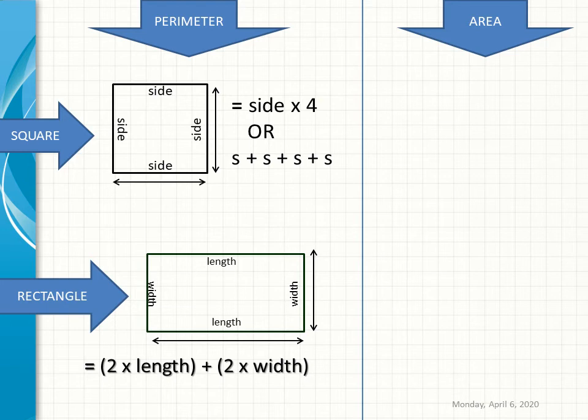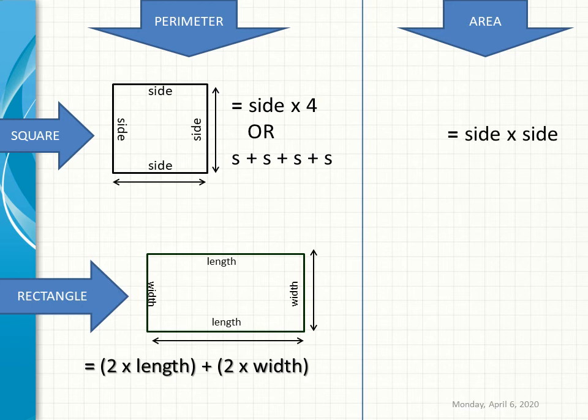Or we can say 2 times length plus 2 times width. So 2 times 5 plus 2 times 2 is 10 plus 4, and that is 14.